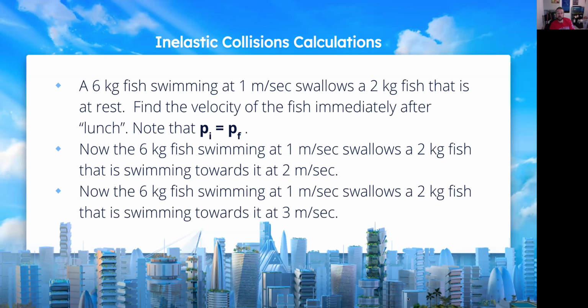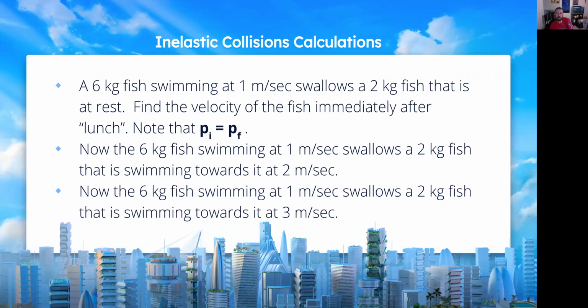So the total velocity of the system, of this little fish that has been eaten by the bigger fish, we're going to have to calculate by dividing both sides by what? Awesome.